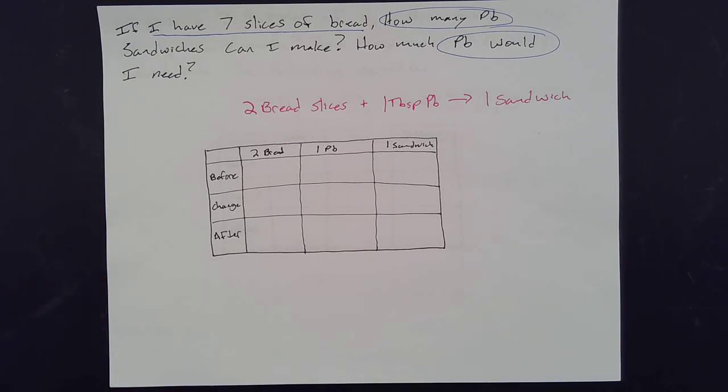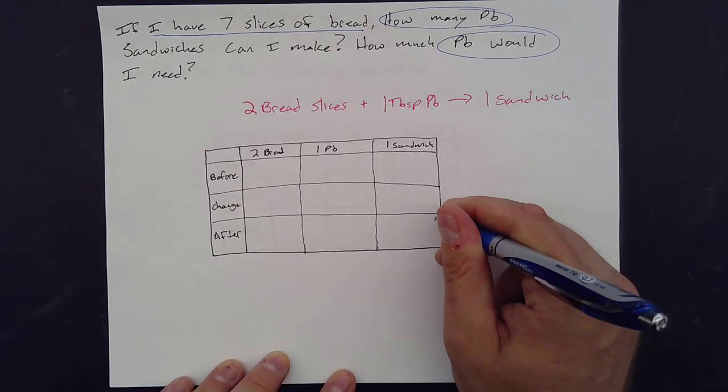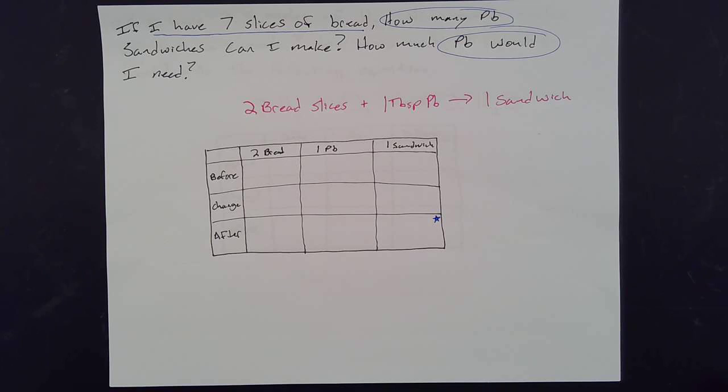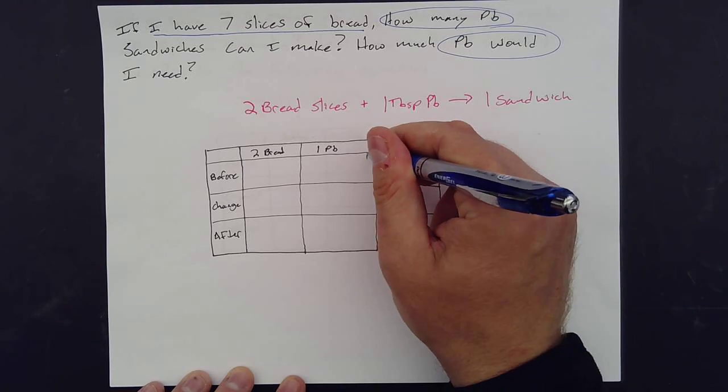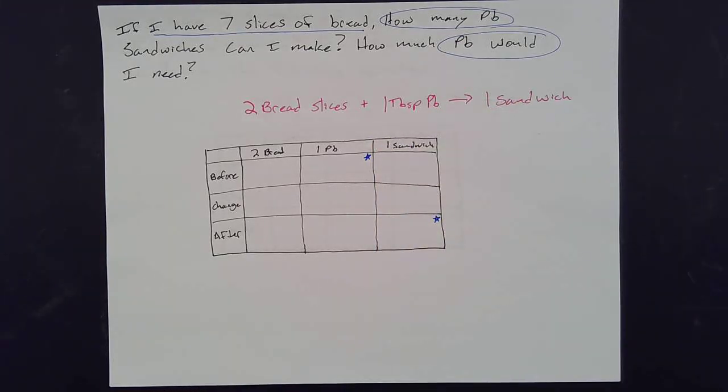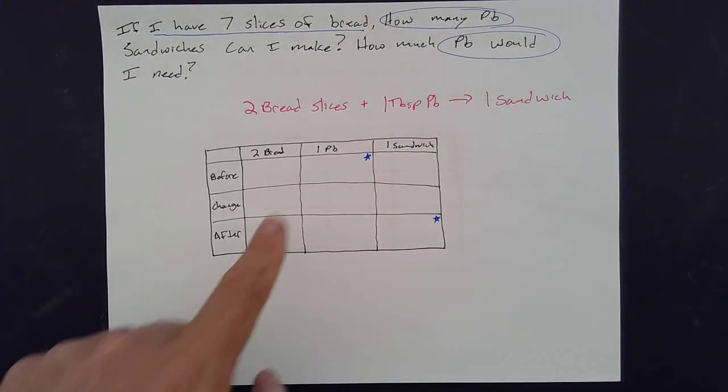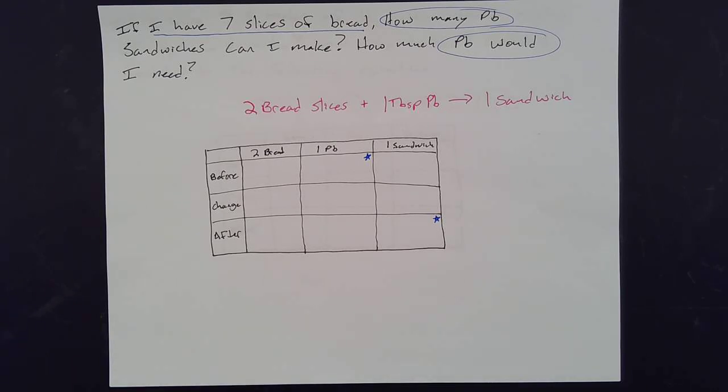So I'm trying to find out 2 things: how many sandwiches I have when I'm done making things, and how much peanut butter I need to take out of the cabinets. You can always put a little star in those boxes to say, these are the things I'm solving for.